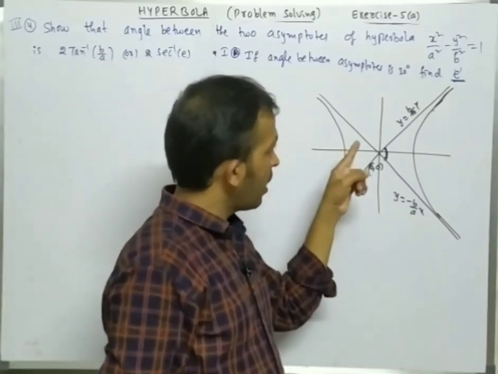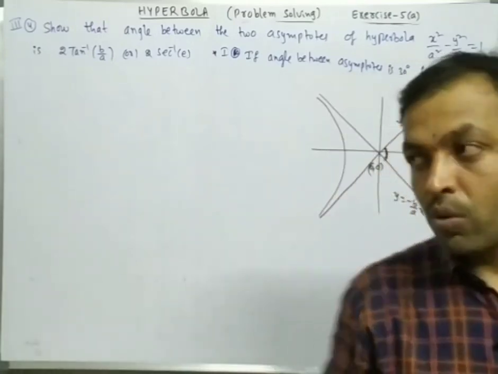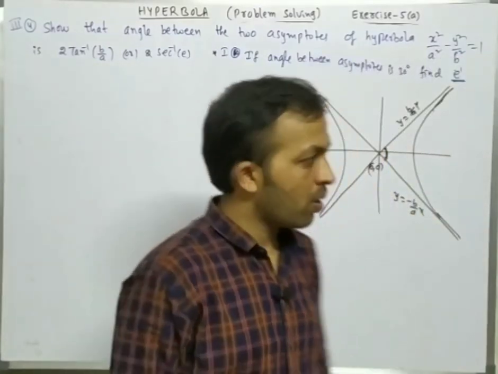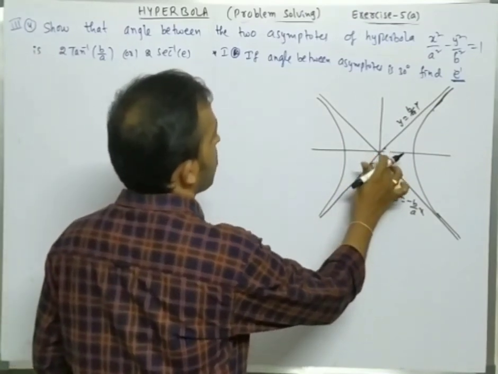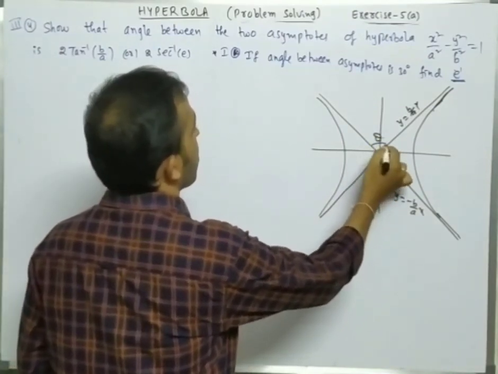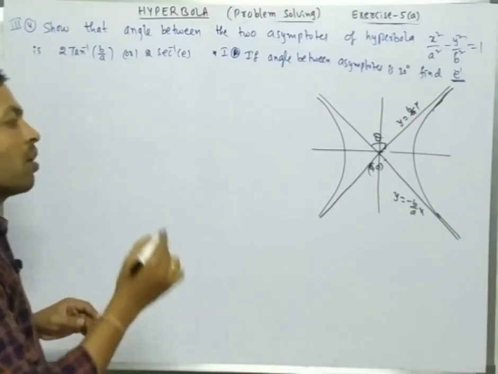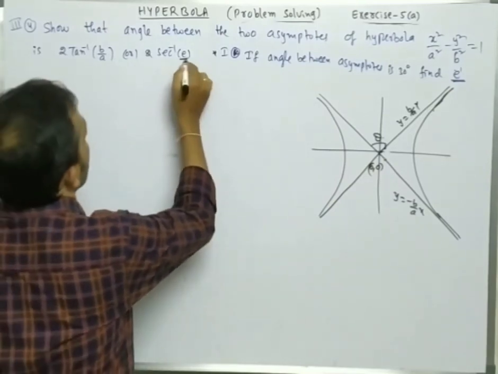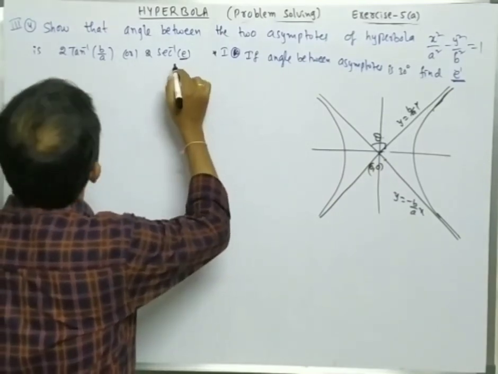This is the angle between the two asymptotes, and it can also be written as 2 secant inverse of e. That is the acute angle between the two asymptotes, theta equals 2 tan inverse b by a, or 2 secant inverse of e.